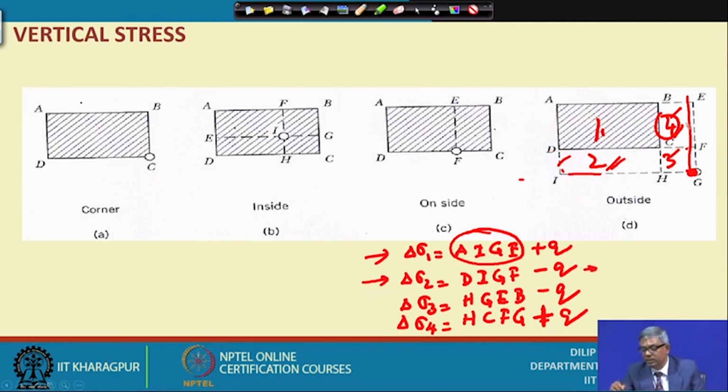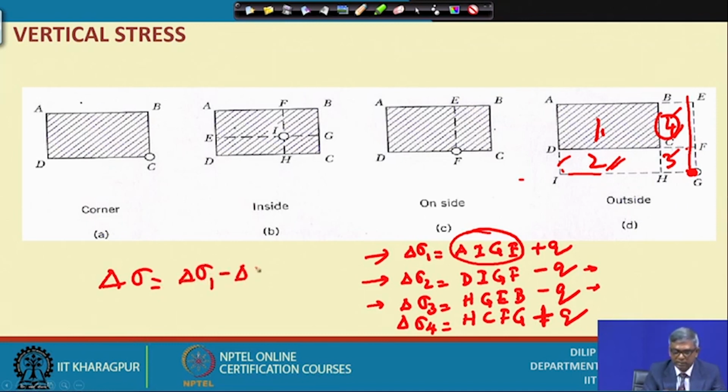Then again I will consider this rectangle, find A, B, M, N, apply the corner formula, and again with negative loading I will calculate delta sigma 3. At last I will consider this area, A, B, M, N, and then delta sigma 4 with positive loading. Ultimately the final stress will be delta sigma 1 minus delta sigma 2 minus delta sigma 3 plus delta sigma 4.